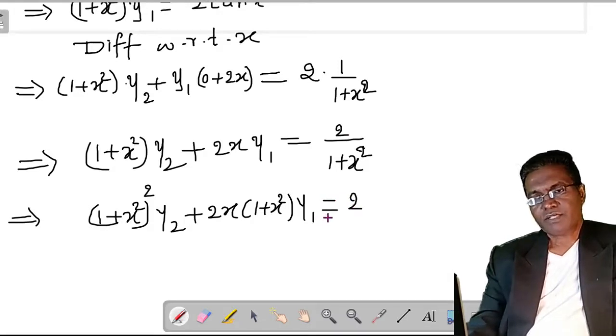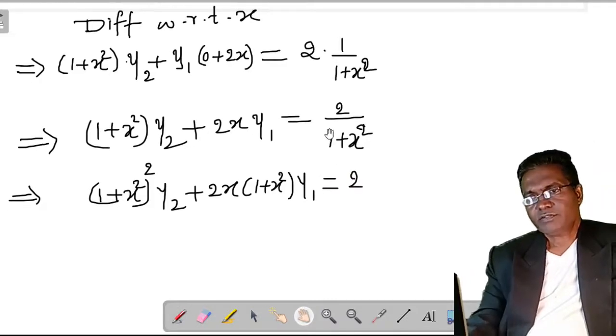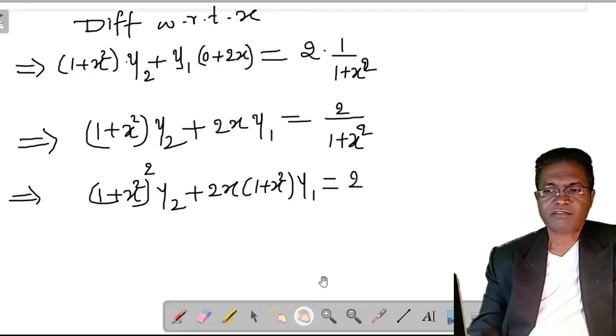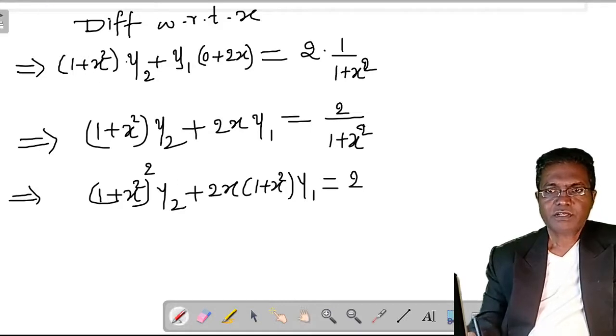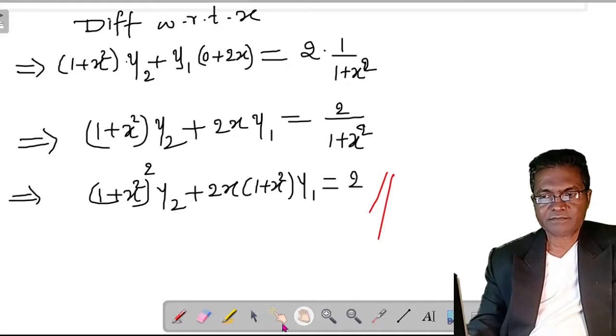I suppose you understood. So 1 plus x square into 1 plus x square is 1 plus x square whole square. Next 2x into 1 plus x square y1 is equal to 2. So please redo it for better understanding.